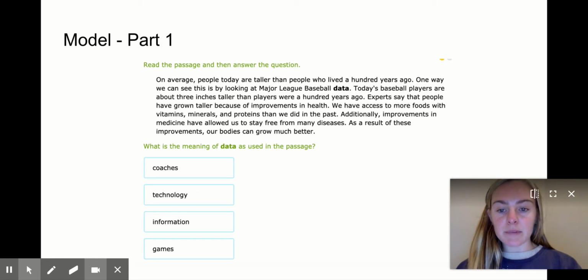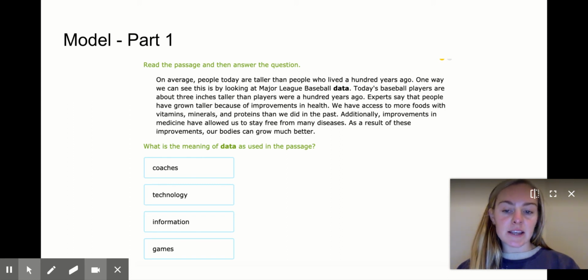Experts say that people have grown taller because of improvements in health. We have access to more foods with vitamins, minerals, and proteins than we did in the past. Additionally, improvements in medicine have allowed us to stay free from many diseases. As a result of these improvements, our bodies can grow much better.